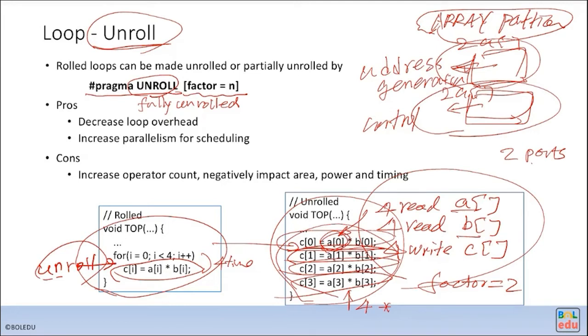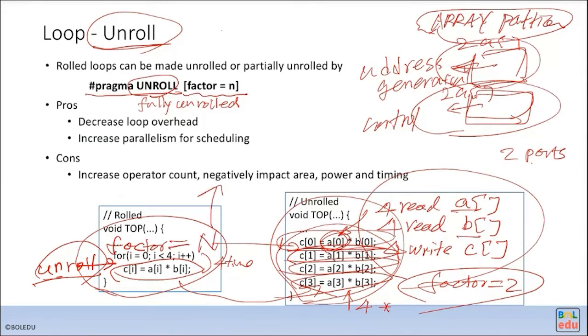Once you write the code like this, then you cannot make a factor equal to 2 with the same host code, same source code. If you use a pragma, you just change the factor. You can say factor equal N, and the N is defined in the header file.